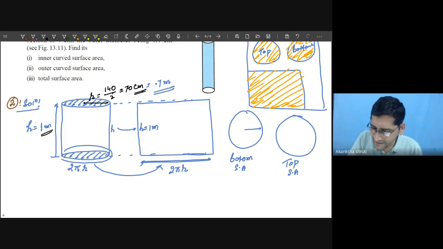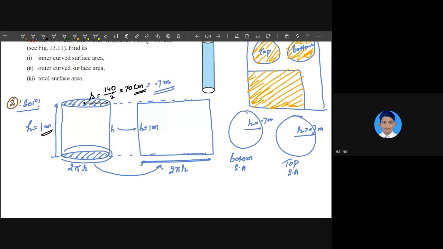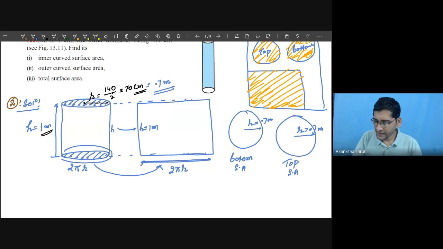The radius is given as r, and r is our 0.7 meter. All this area we need to first calculate, then add it together.